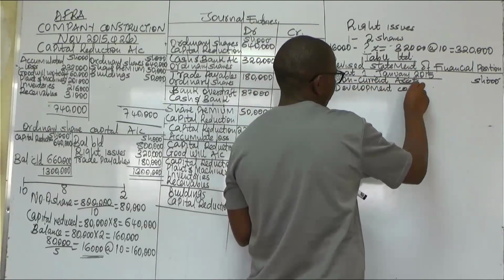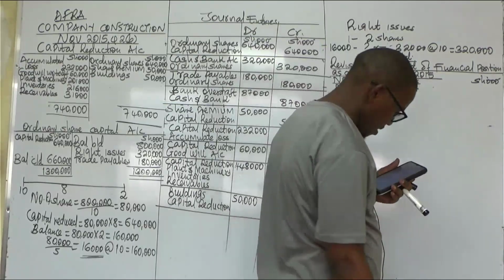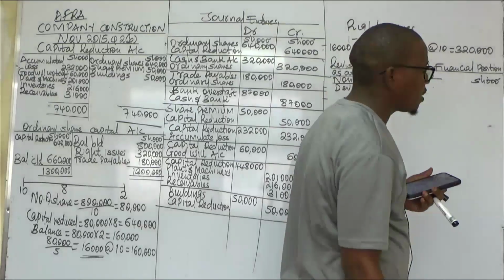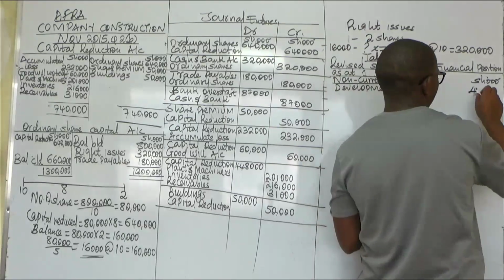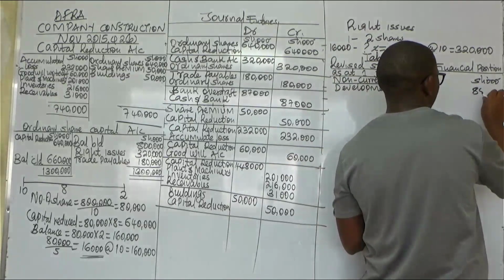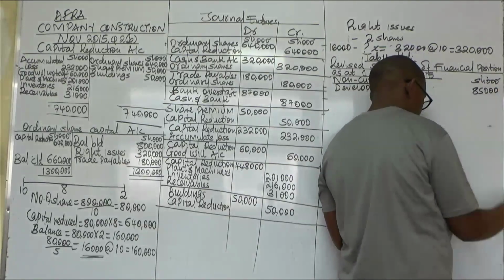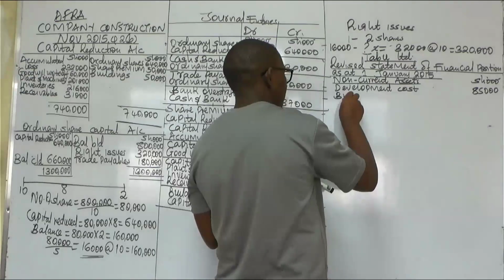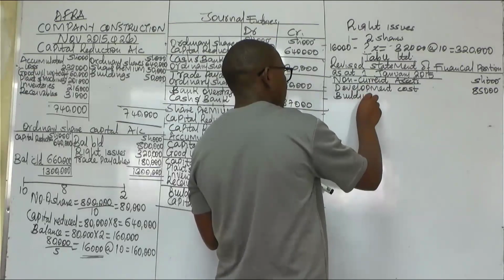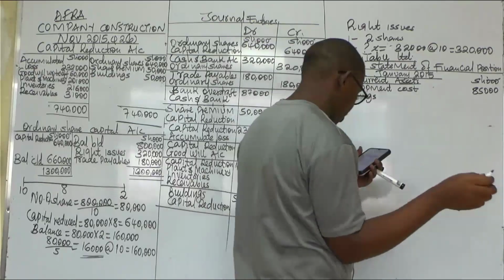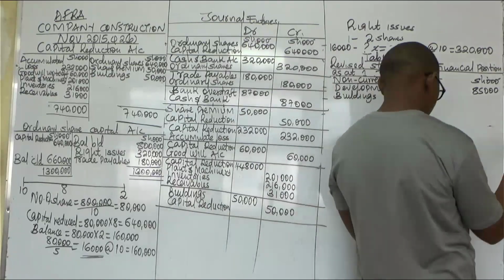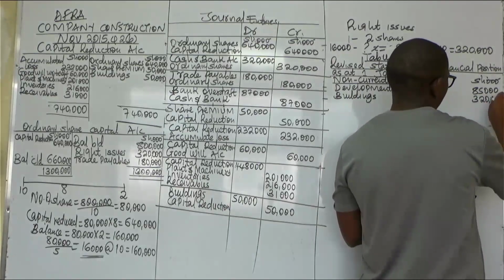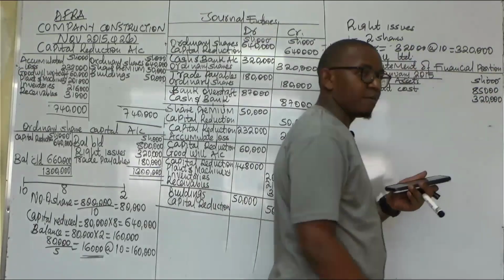Development cost ni ngapi? Ni ngapi hapo? 85,000. We also have the tangible buildings. Buildings have been written up by how much? Restated to 320.